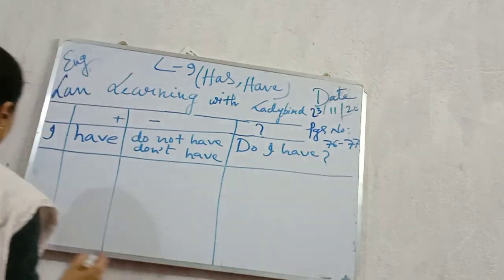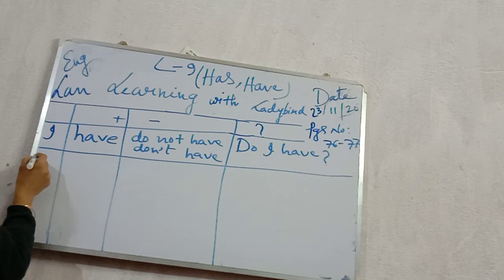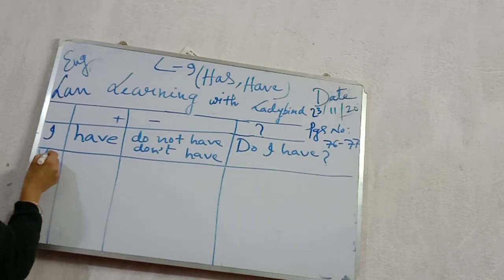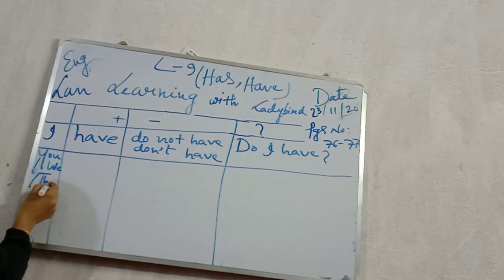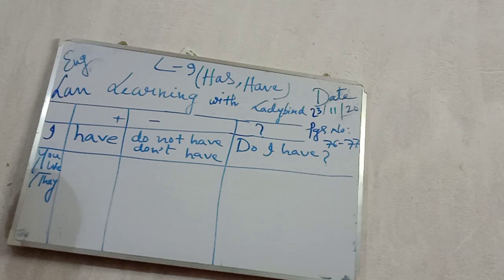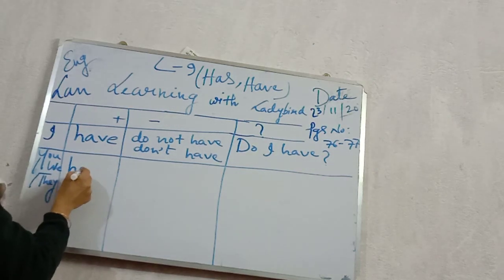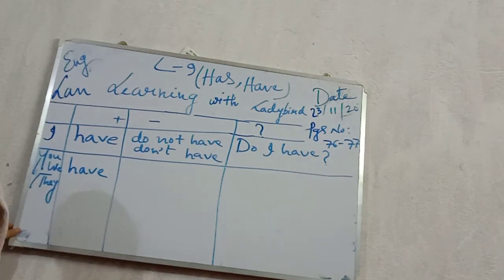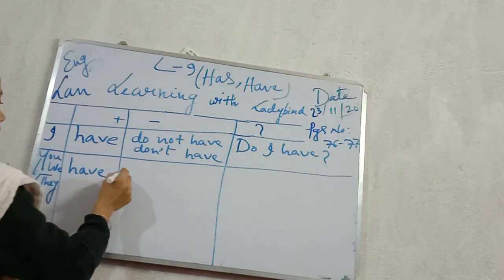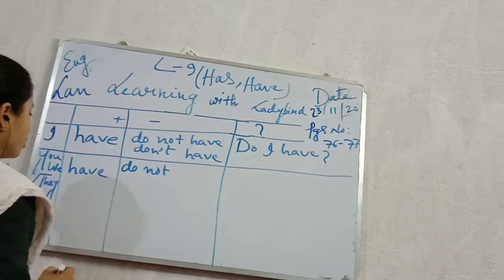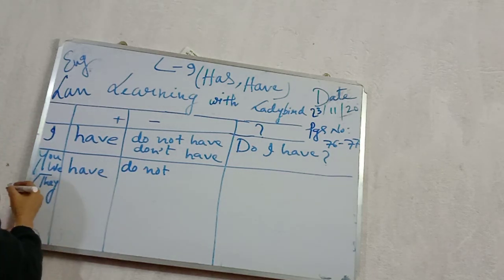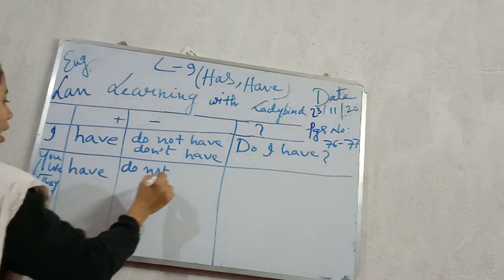Then specific pronouns like you, we, they. We use have. Do not have. For negative sentences, we make a structure like this: we do not have a big house.